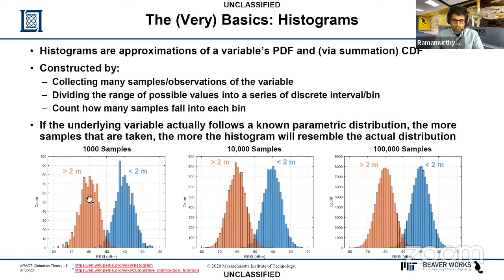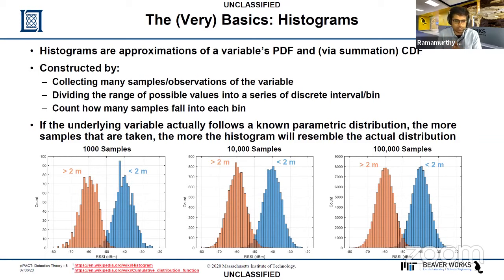And so this goes to that question about how the different distributions shift, or how their means and variances may differ. The idea here is that when they are within 2 meters, I would expect to get stronger RSSI values.